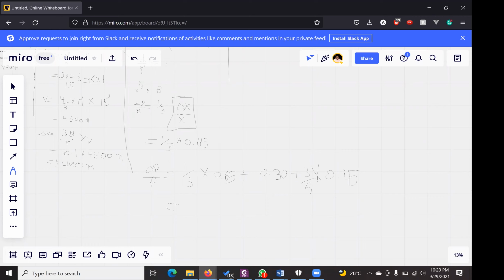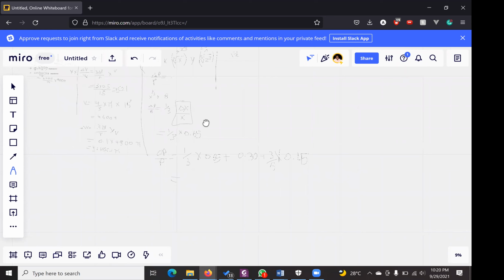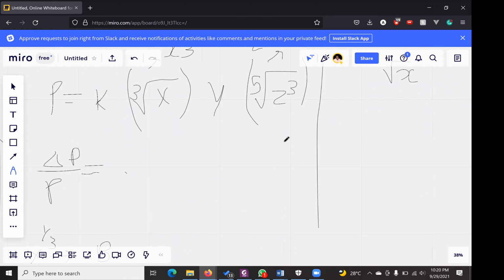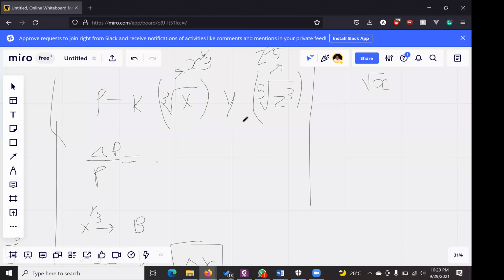Do you understand what I'm asking? It is not the error that is raised to the 3/5, it's the actual value.